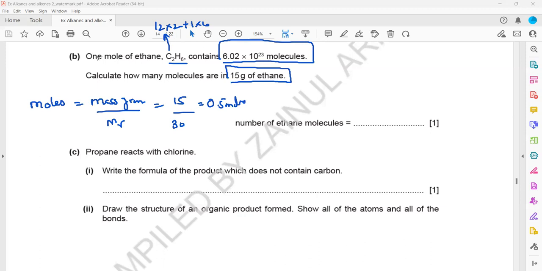According to the question, 1 mole contains 6.02 into 10 to the power 23, also known as the Avogadro's constant or Avogadro's number. If 1 mole is there, it contains this many molecules. But we don't have 1 mole, we have half a mole.